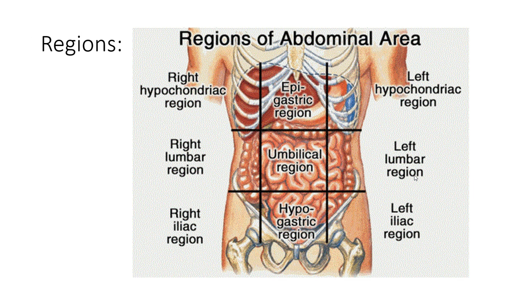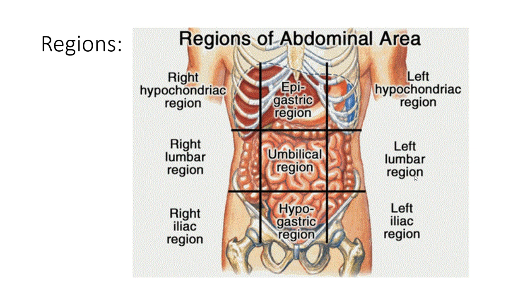And then finally, we have our anatomical body regions. There are 9 anatomical body regions. So more sectioning than the quadrants. And the body regions, you have the right hypochondriac region, the right lumbar region, the right iliac region.